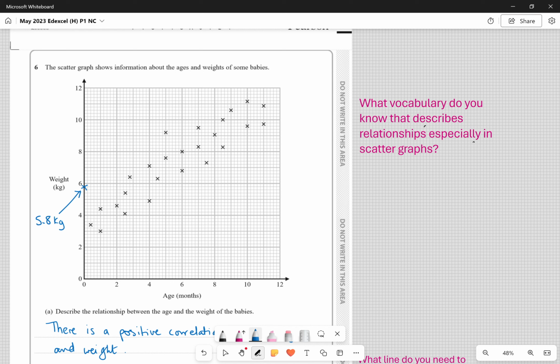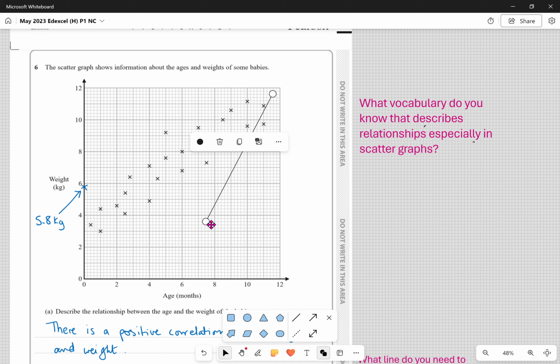Now, if you remember, often when you're looking at scatter graphs and you want to estimate information from them, you will have drawn what is called a line of best fit. A line of best fit is a line which goes through your points. It may actually go through some of the points, but it won't go through all of them.